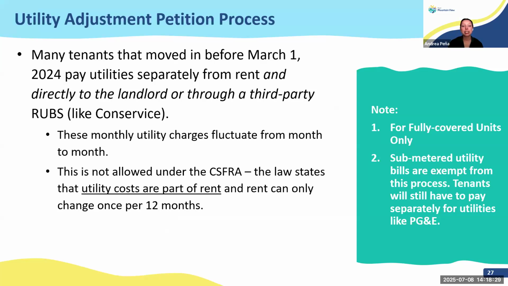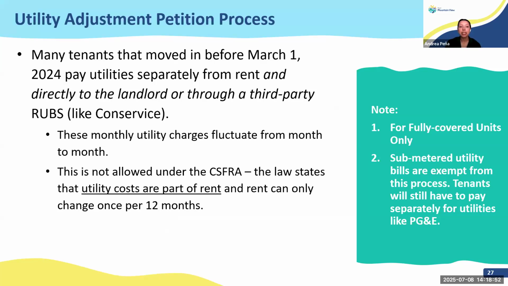To address tenants that moved in before that date, so before March 1st, 2024, and they pay utilities separate from rent and to the landlord or a third party, such as Conservice, which is one common one, but there are many others, this is not going to be allowed any longer.